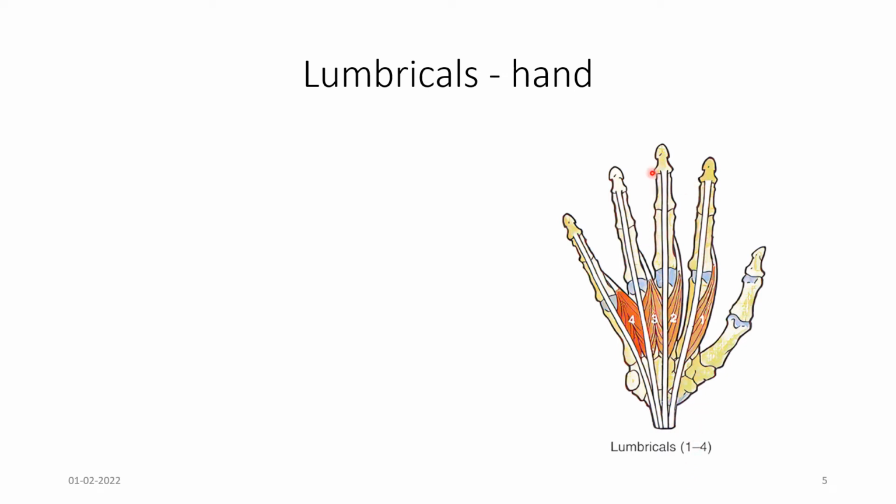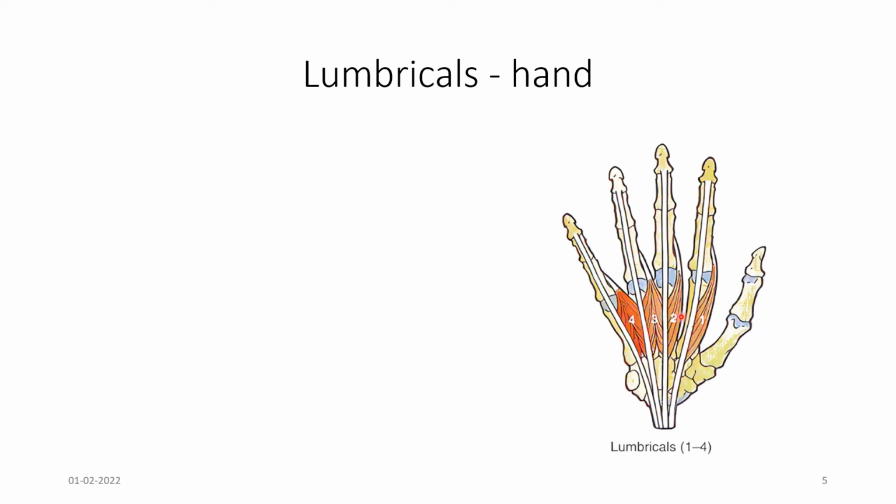So you can see the long flexor tendons going to the terminal phalanx, and this is the radial side and this is the ulnar side, and you can see the lumbricals originating from the radial side, that is the first one and the second one, whereas the third one is arising from the adjacent tendons, that is for the third and fourth and then fourth and fifth digits.